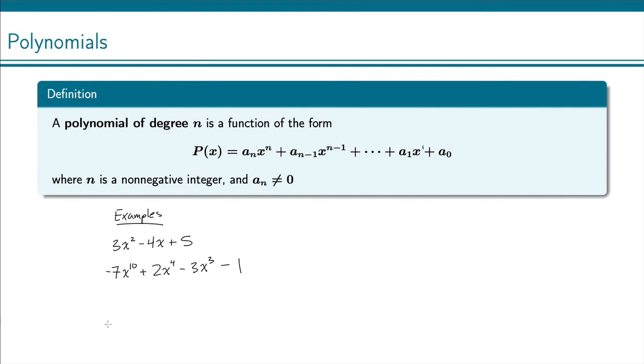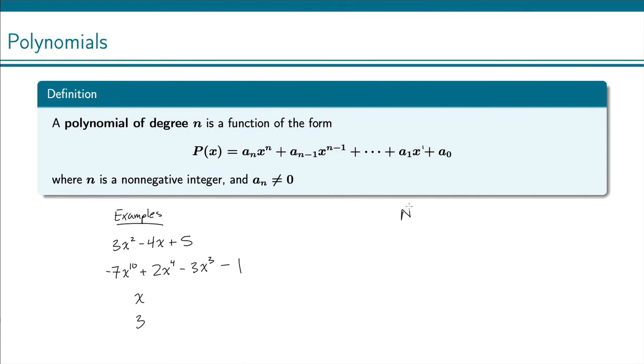Or you could even have just say x, or just a constant, maybe just 3. These are each examples of polynomials. These last ones aren't super interesting, but these are examples of polynomials.